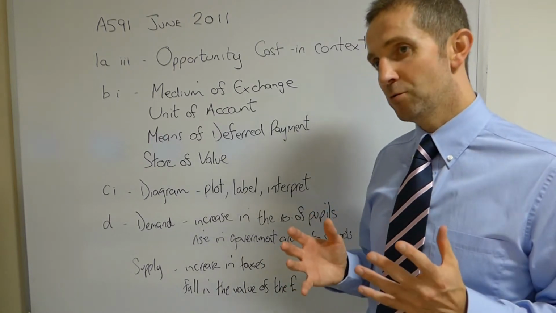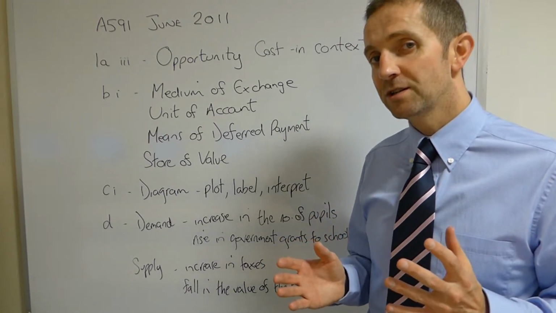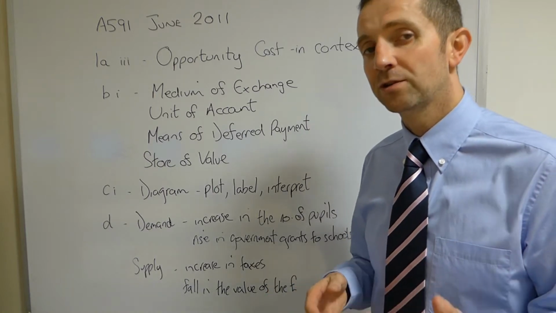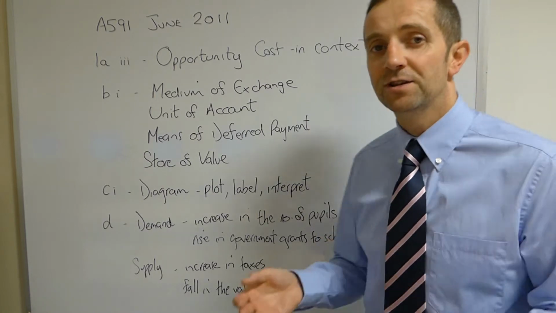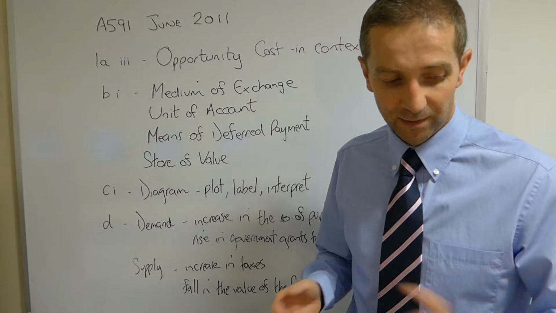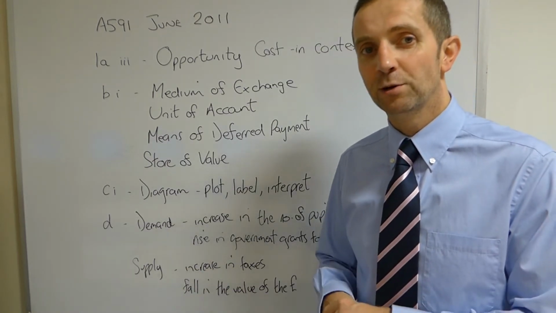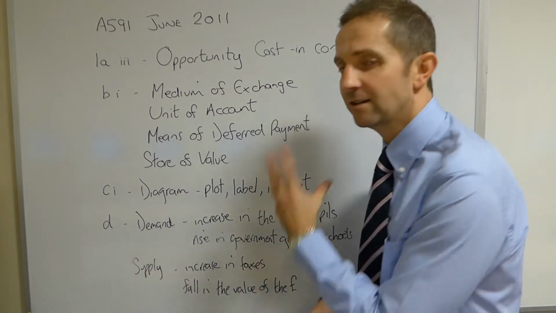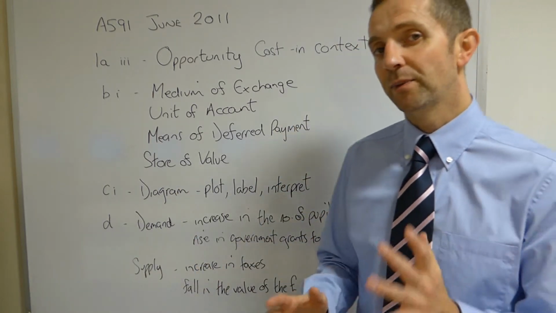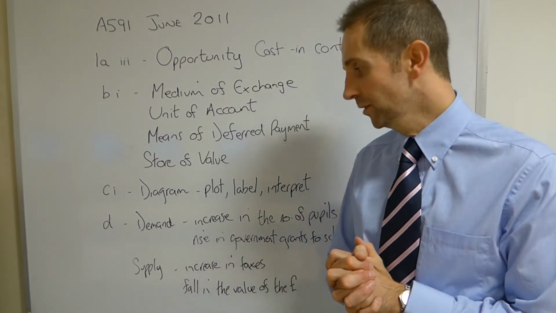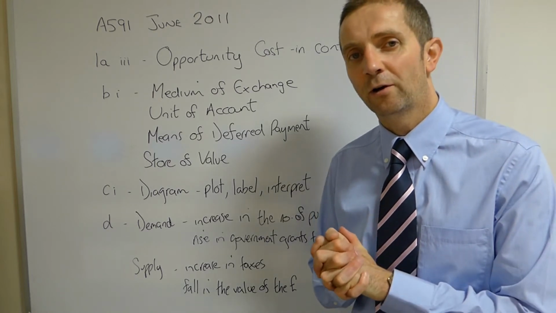Therefore, it would suggest that the rise in the price of desks is primarily due possibly to an increase in the number of pupils going to this particular school, or a rise in government grants leading to an increase in demand. You've got to relate it to the demand and supply side factors that you have in front of you. And if you do that, you'll not go far wrong.